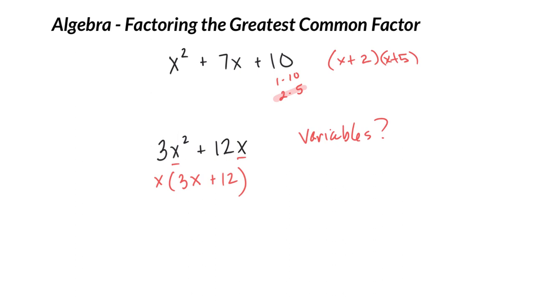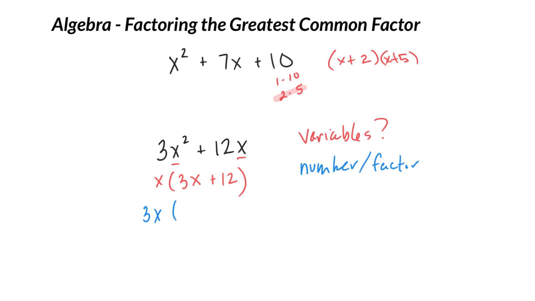The next thing I look for is, do they have a number or a factor in common, like a number I could divide out? In this case, the 3 is divisible by 3, but 12 is also divisible by 3. So I'm going to pull a 3 out. I already have an x.